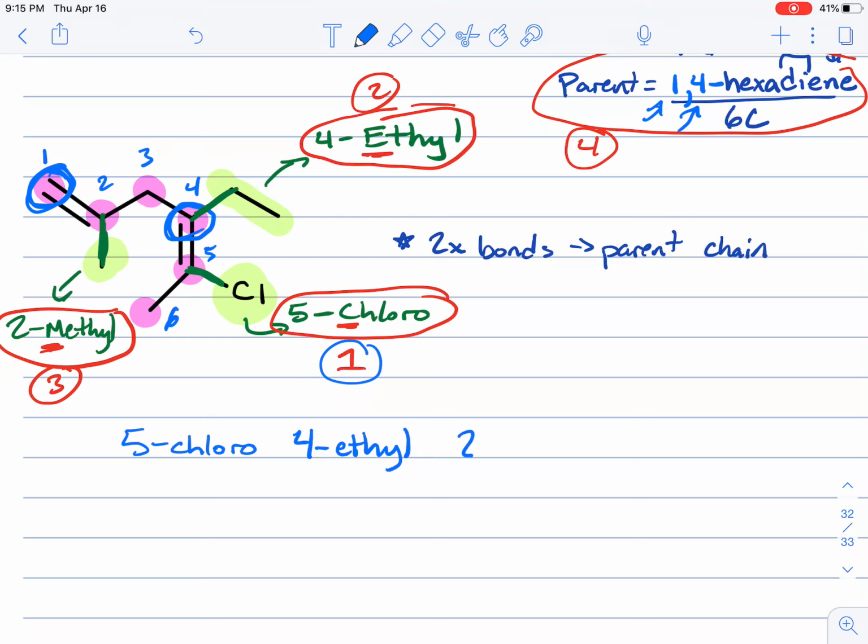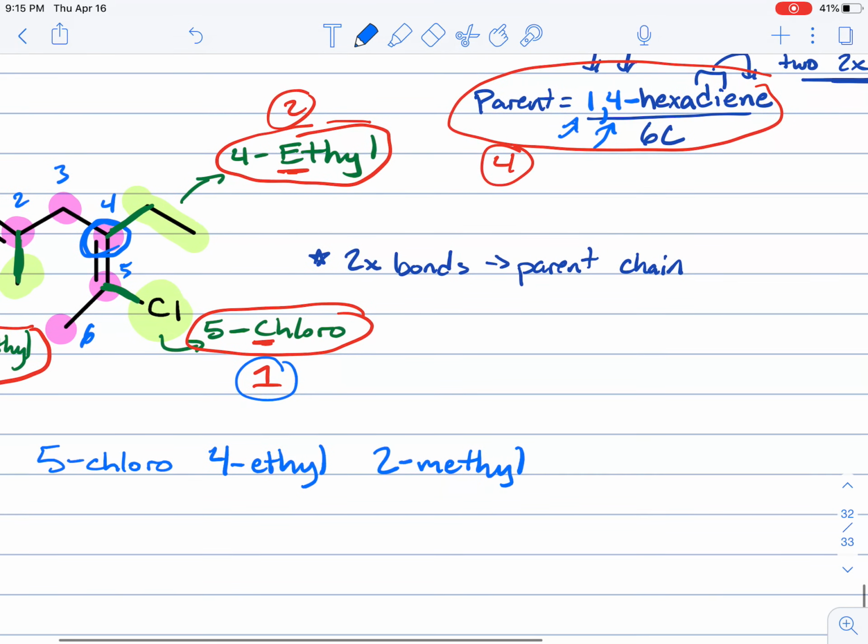And then my 2-methyl is going to go next. And then finally, my parent chain, my 1,4-hexadiene. So 1, 4 dash hexadiene.